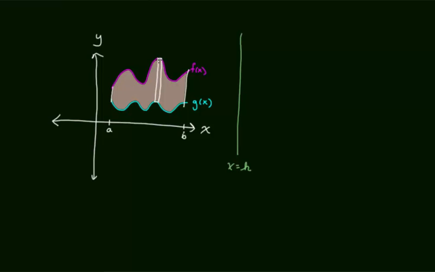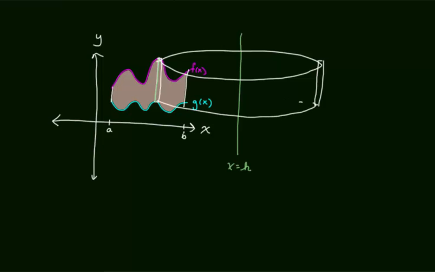See, if I take this rectangle here and I rotate it, then I have to take a similar rectangle over here and draw, and then I have to take the tops and wrap it around like this, take the bottom and wrap it around like that. So I do not have a washer, I do have a cylindrical shell. In this case, I took a vertical rectangle, but I rotated it horizontally.